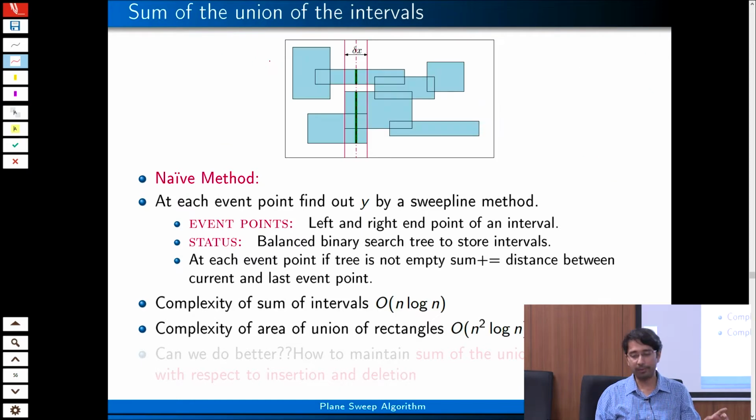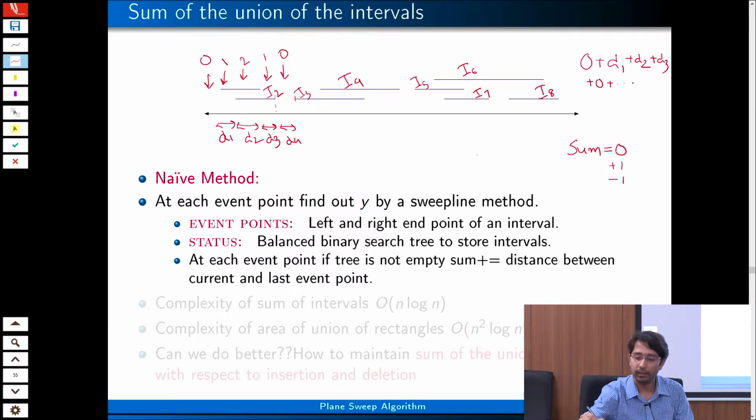So what will be the time complexity? We still have to sort the intervals to know the event points. So n log n time anyway we have to spend. So I can solve this problem in n log n time.